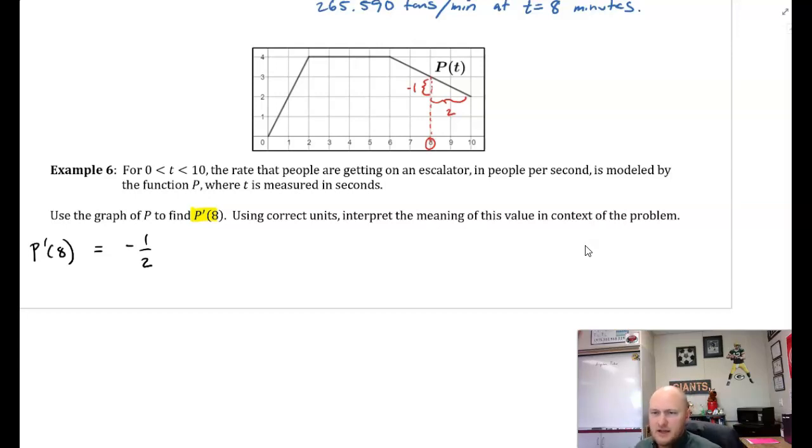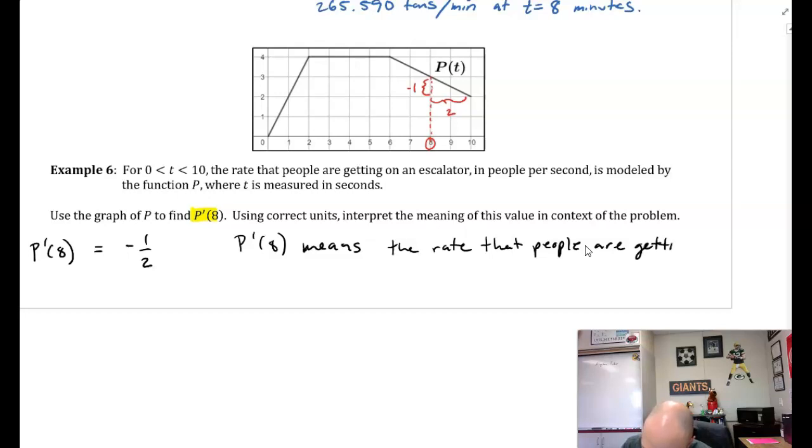Now I need to go ahead and interpret the meaning in the context of the problem. So p prime of 8 means the rate that people are getting on an escalator, okay, and again, I'm just pulling this directly from the problem.